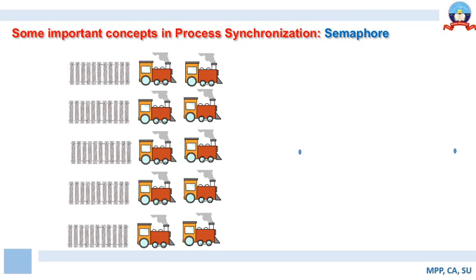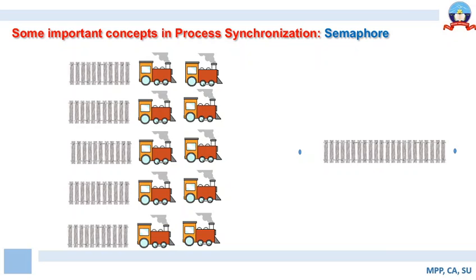Now in the second instance, again we have 5 trains representing 5 processes, but here we have only a single route. So now the task becomes complex. The activities of these 5 trains are to be coordinated in a manner that they efficiently and effectively utilize the single route.